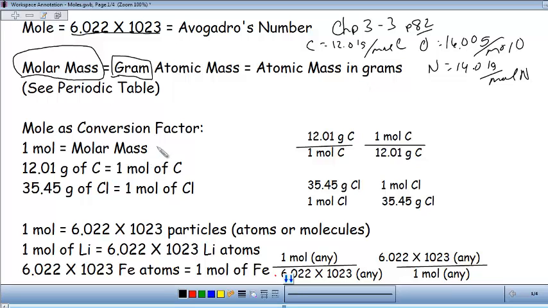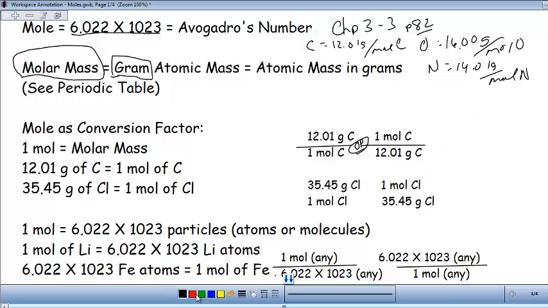So this is what we're talking about here. 1 mole equals the molar mass. And we can use these conversion factors either way: 12.01 grams of carbon per 1 mole of carbon, 1 mole of carbon per 12.01 grams of carbon. Now, how would we use that?